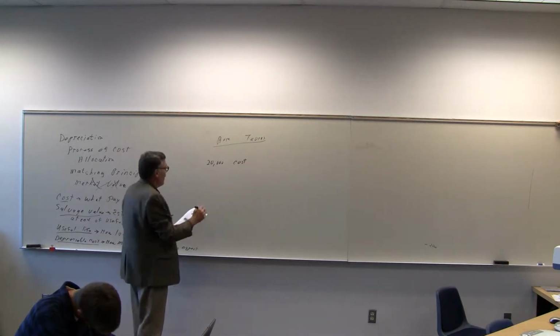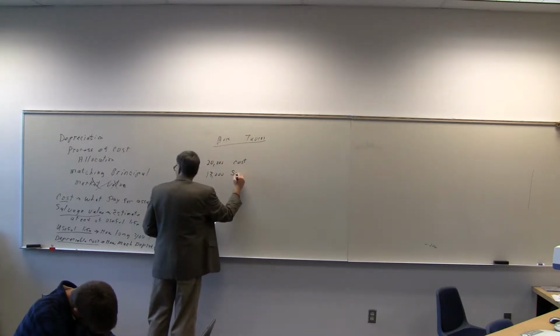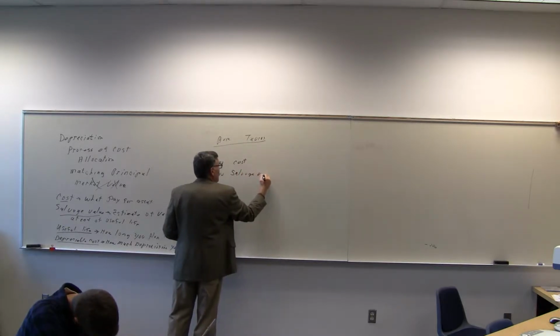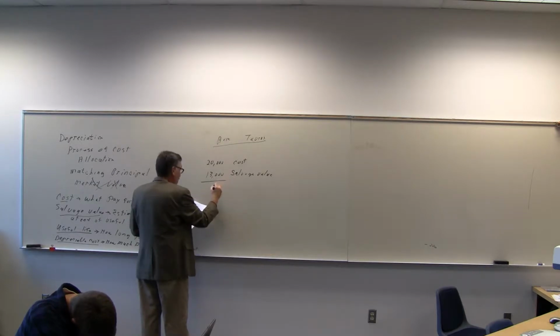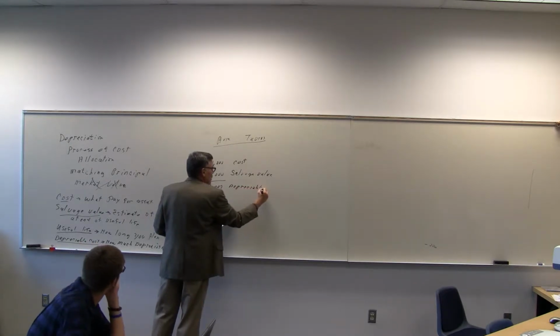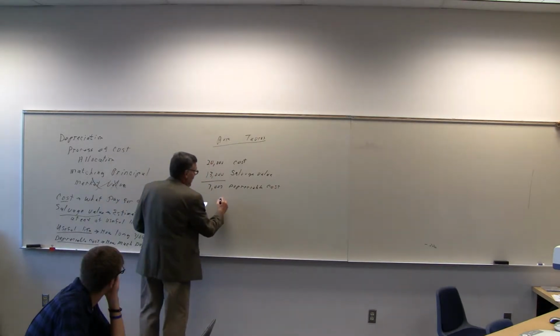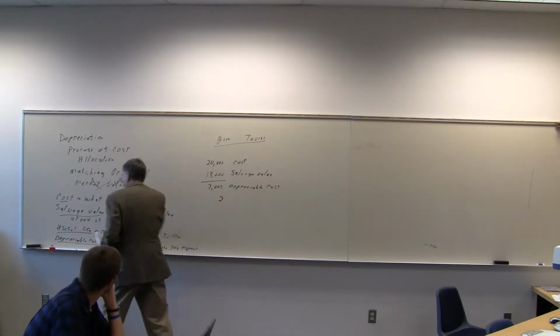They estimated that the salvage value would be $13,000. Therefore, the depreciable cost was $7,000, okay? And they expected to keep it for 2 years, and that was its useful life.